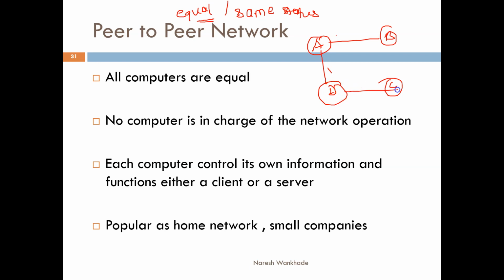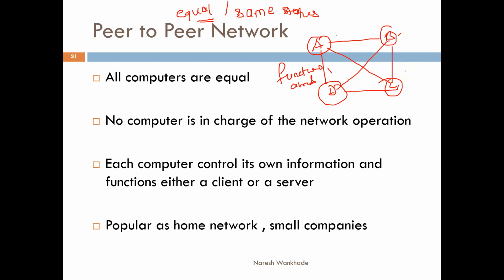These four nodes have the same functioning ability. All these computers A, B, C and D are equal. In this system, no computer is in charge of network operation, meaning nobody is boss here.